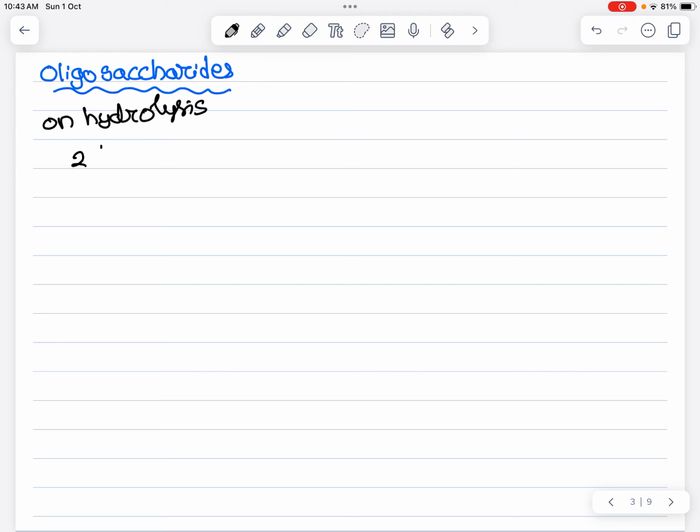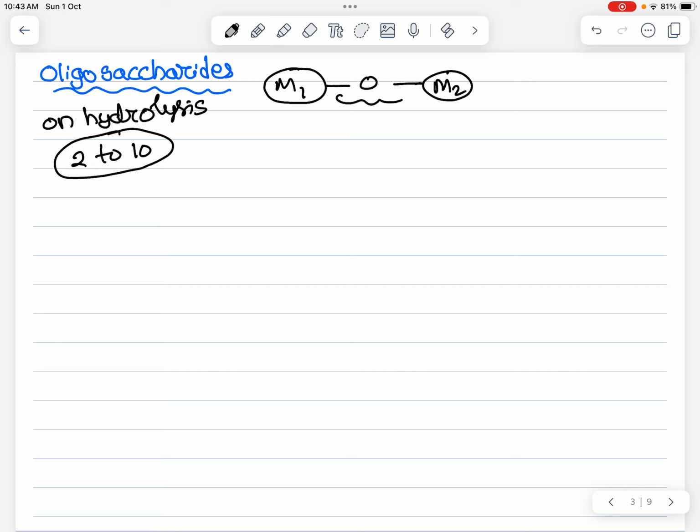All the monosaccharides are joined with a glycosidic linkage. So this is a monosaccharide and this is another monosaccharide, which can be joined with a glycosidic linkage. This is called a glycosidic linkage.